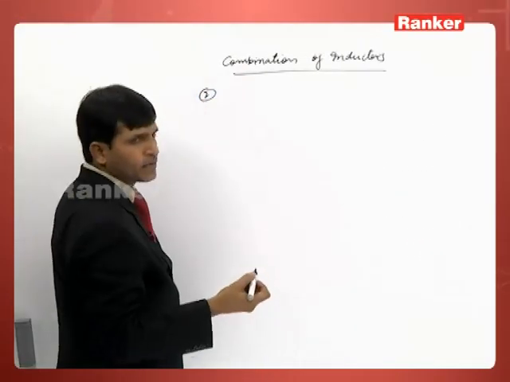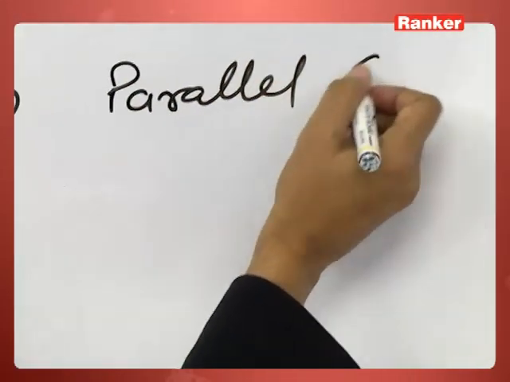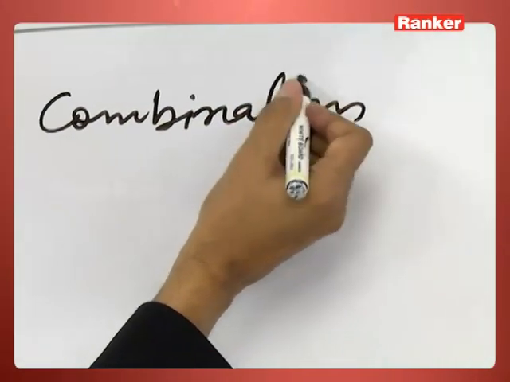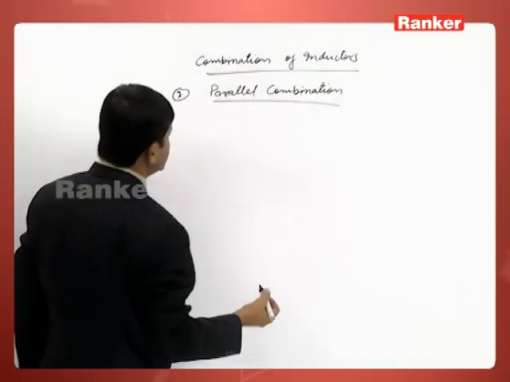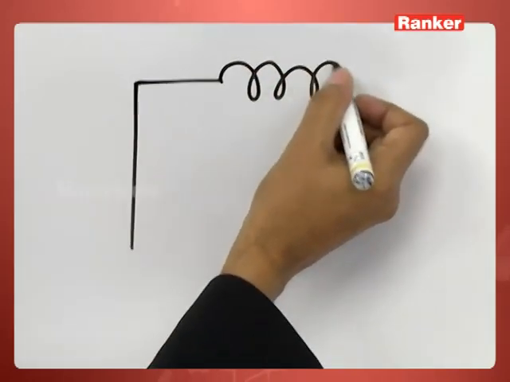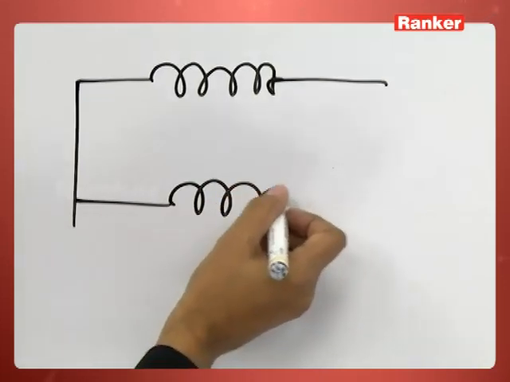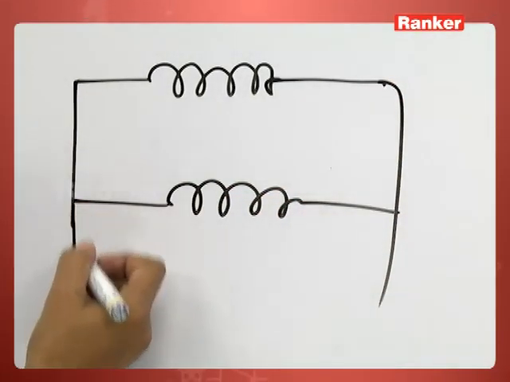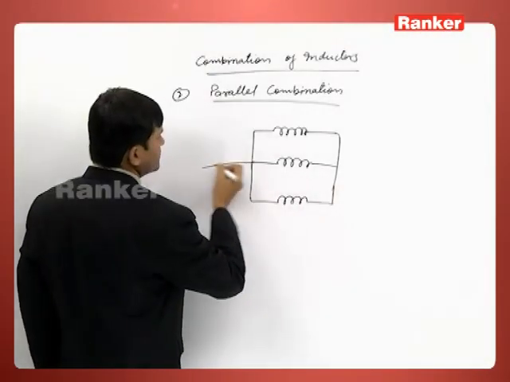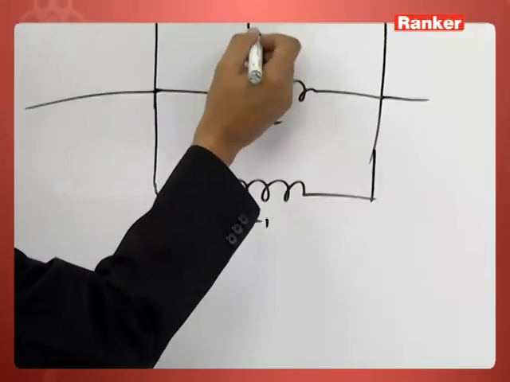Now see the second one, the parallel combination. Suppose we have a number of inductors arranged like this. This is one of the inductors, this is another one, and let this be the third one. These have values L1, L2 and L3.